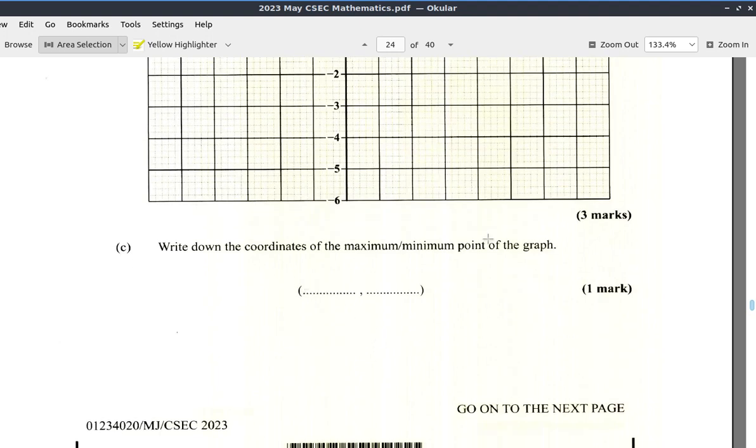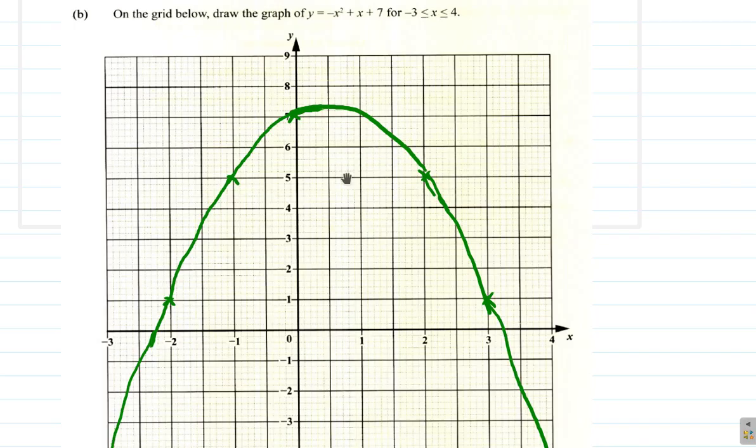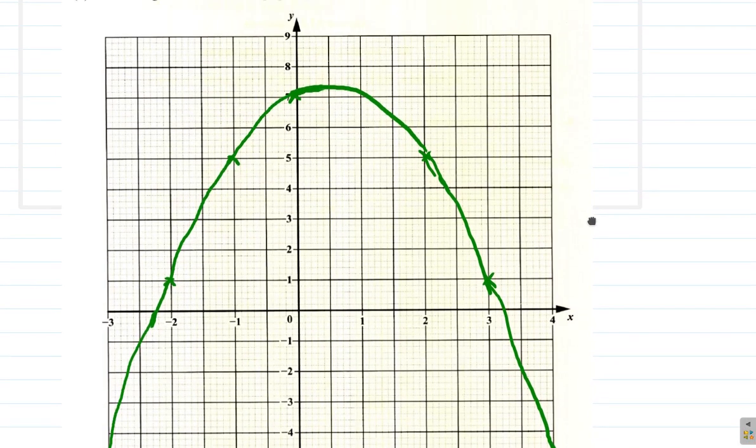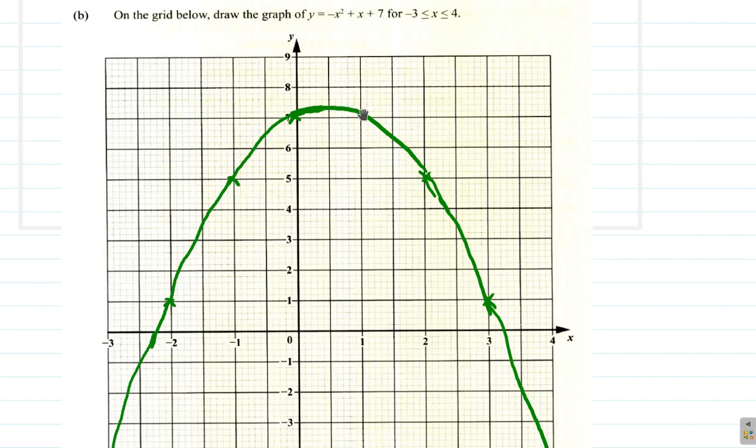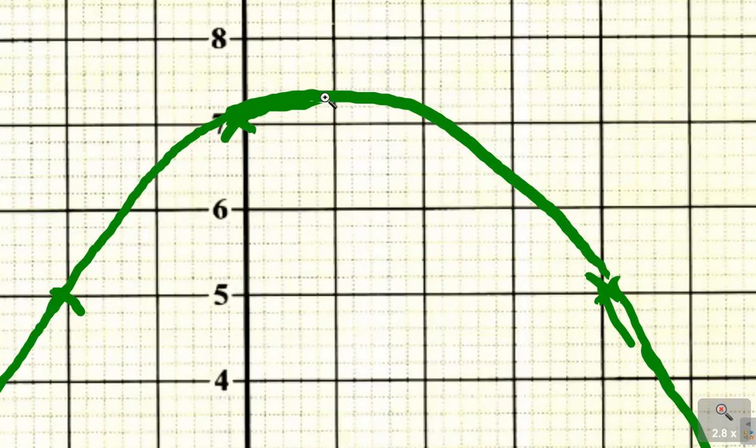Write down the coordinates of the minimum or maximum point on the graph. Now, from looking at the graph, it seems as if the coordinates would be, well, it's somewhere between 7 and 8. It's above 7. Let me zoom in here.